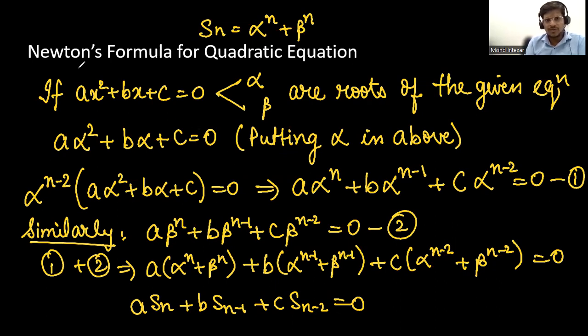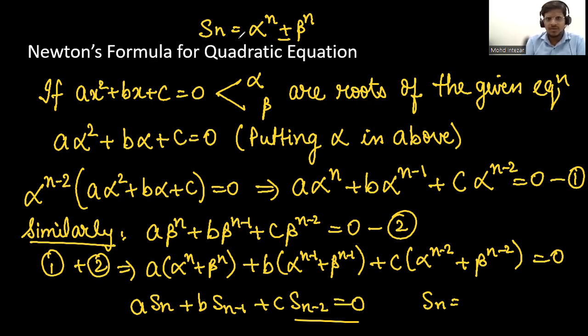Newton's formula for quadratic equation says whenever we are given Sn equals alpha to the power n plus beta to the power n, or minus, since we have added, we can also subtract, it will satisfy this equation. This is what is called Newton's formula for quadratic equation.